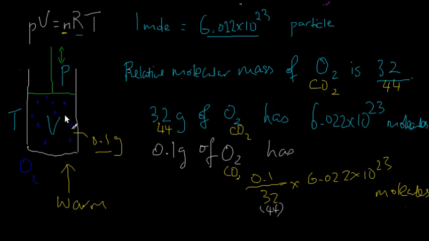I want to find a way to relate the properties of these molecules. Say if it's oxygen, the properties of the molecules, meaning its mass and volume. Okay, it's mass and not volume, velocity.